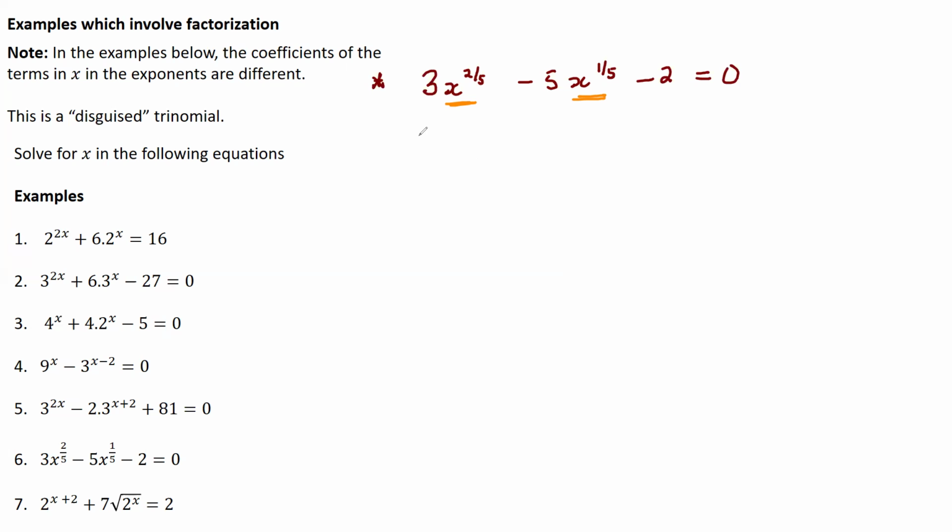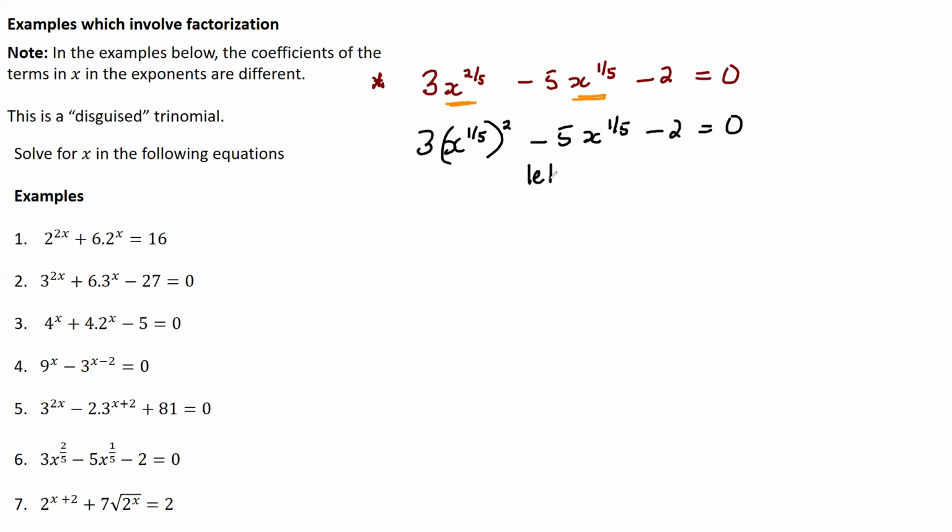But look at how you can be clever. You can write 2 over 5 like this: 1 over 5 to the power 2. It's proper, because x to the power 1 over 5 times 2 is actually 2 over 5.